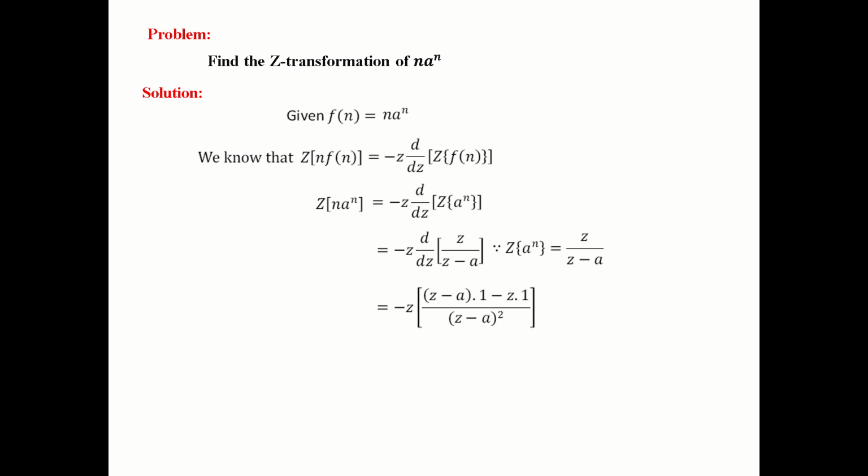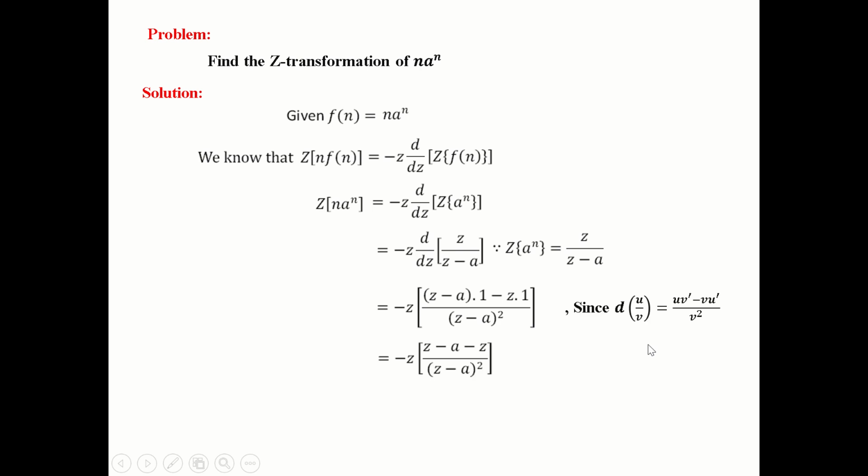And then minus u, which is z, into the derivative of z minus a. The derivative of z minus a is 1 for z and 0 for a, because a is a constant. So you will get z into 1.